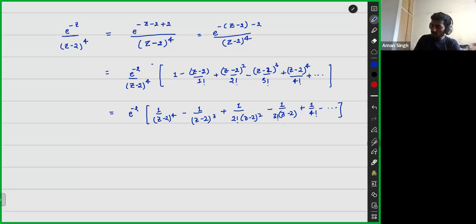So we have to see what is the quotient here, right? And the e power minus 2 will of course be multiplied inside. So from here what we get, this was the expression for f(z).